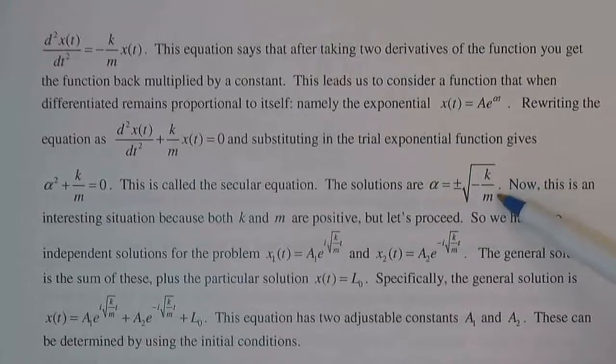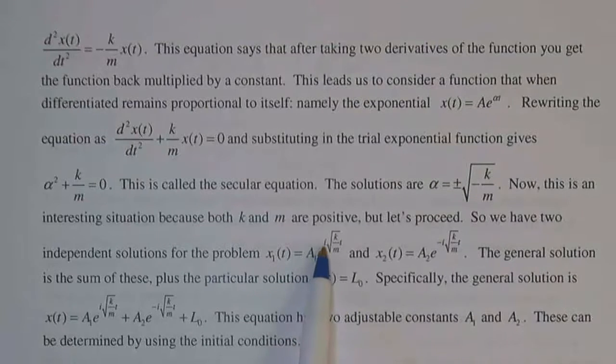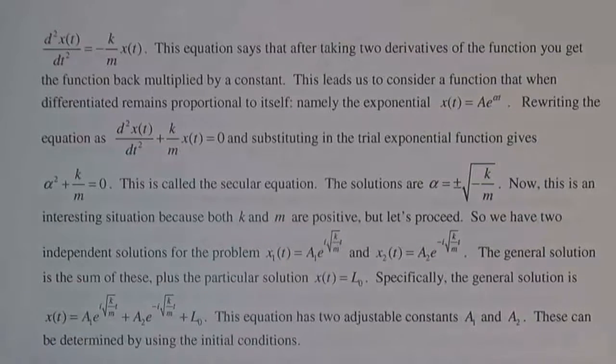Both of those are positive definite quantities, and I'm now taking the square root of something which is a negative times those quantities, which means that in my exponent I have an imaginary number, plus i times the square root of k over m, and a second solution, minus i times the square root of k over m. Those are the two solutions that I find from my secular equation.